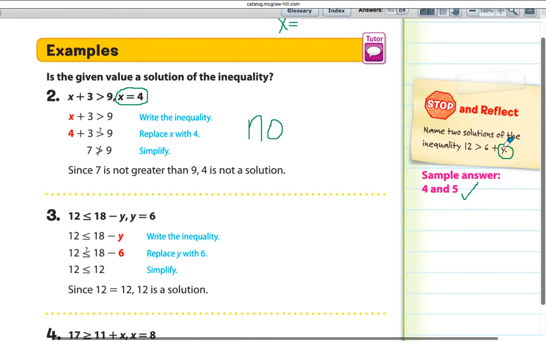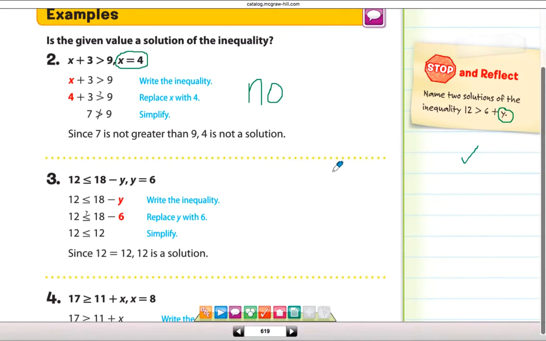Y could be 1, y could be 2, y could be anything as long as this side here is less than 12. So that shows us a similar example to number 2, but with it written the opposite way, the variables on the right. Okay, let's continue on and look at example 3.